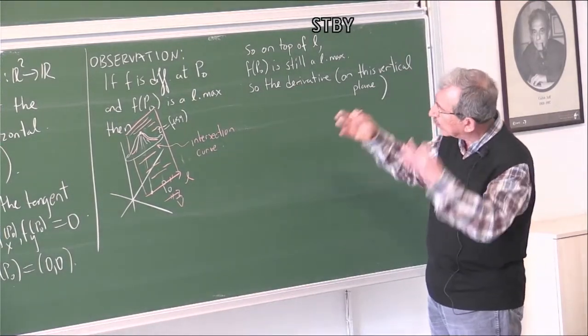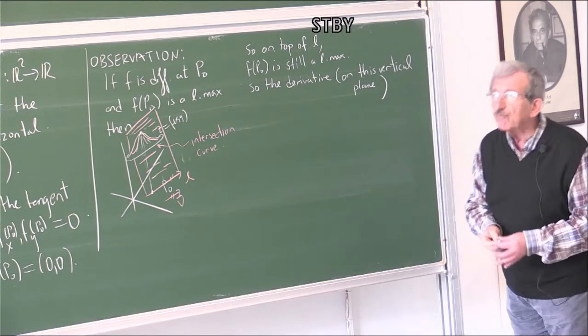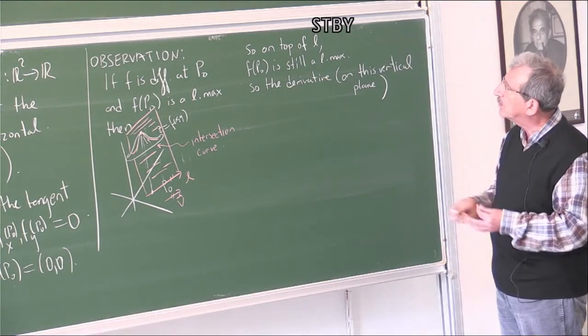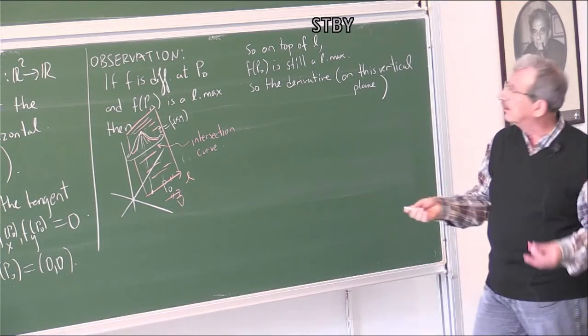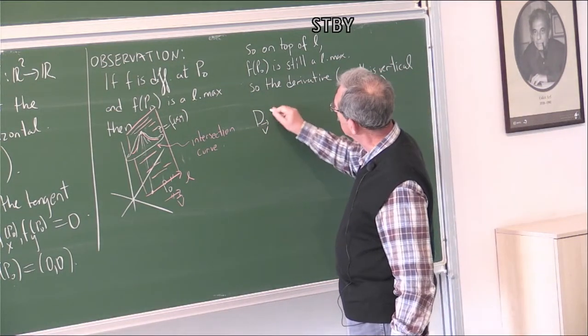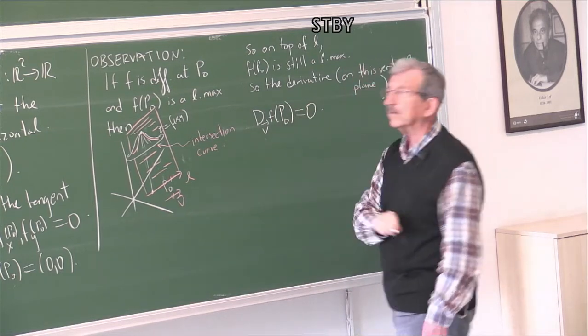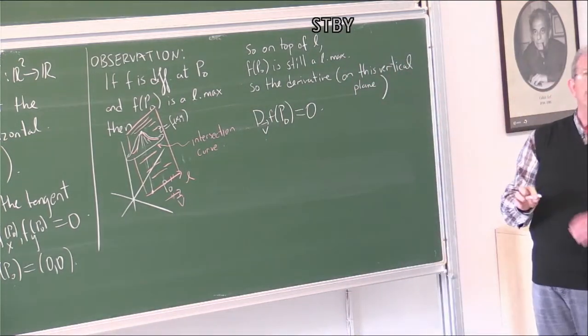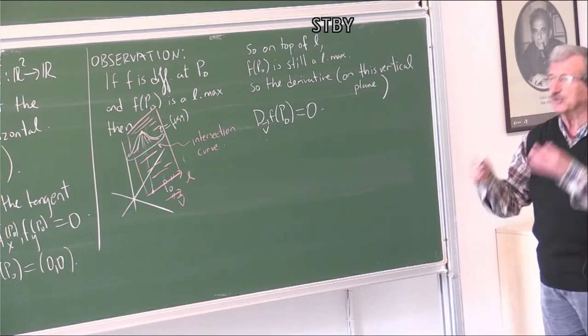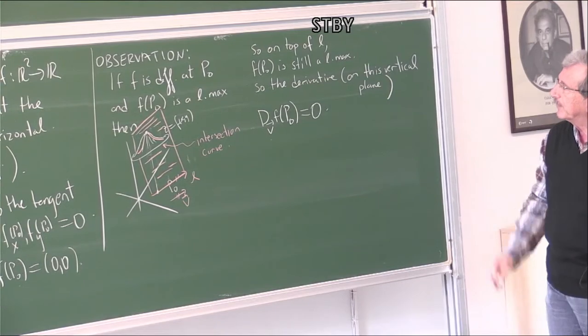This curve has a local maximum, and so its derivative must be 0 from our previous knowledge. But what is the derivative? There, it's clearly the directional derivative in the direction of v. So this is the slope of the tangent line, and it must vanish at this point.